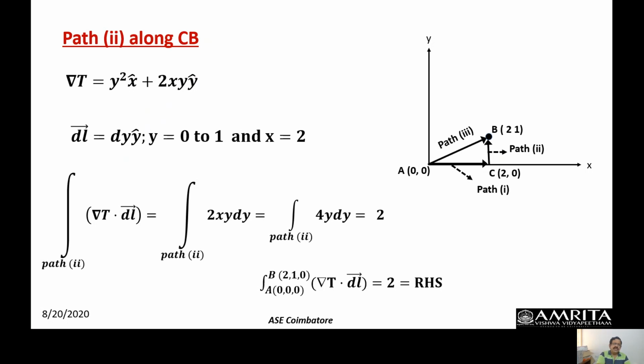Once I substitute x equal to 2 in 2xy, you will get 4y dy, and then I will get 2, and that is the value. So along this path the line integral is 2, along the other path the line integral is 0. What will be the total sum of it? Net sum will be 0 plus 2, that will be 2.